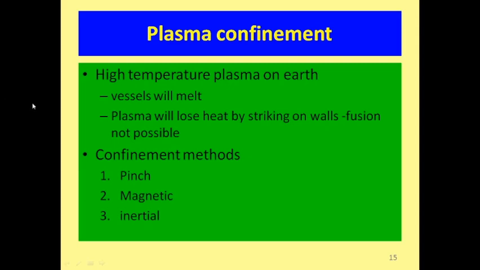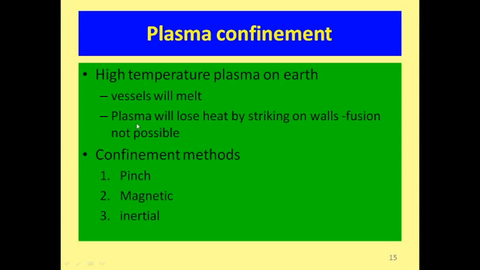The problem is that the plasma state is already a very high temperature state, 10^10 Kelvin or so. No vessels can handle it, because all vessels will melt. So you cannot have a container to enclose this plasma.